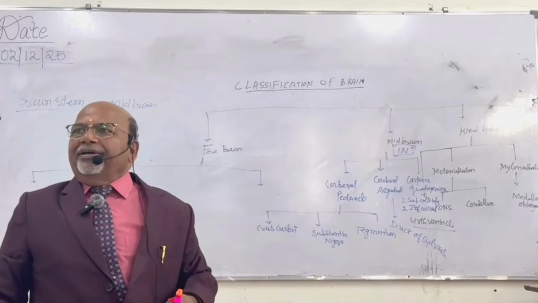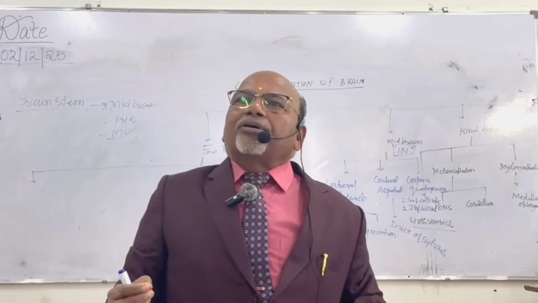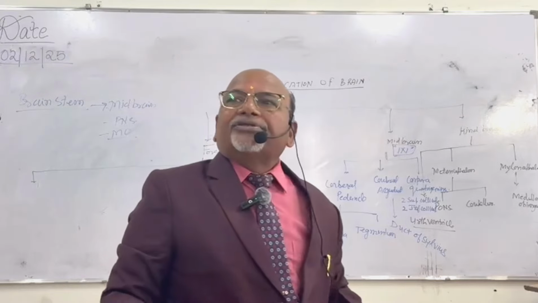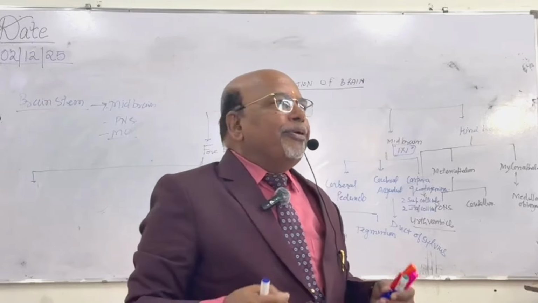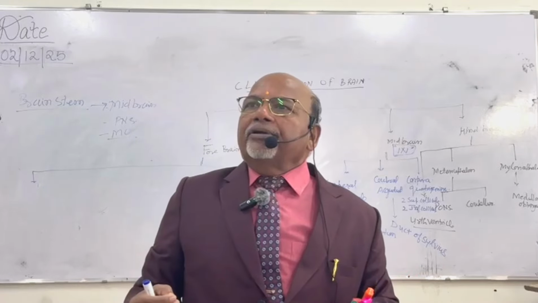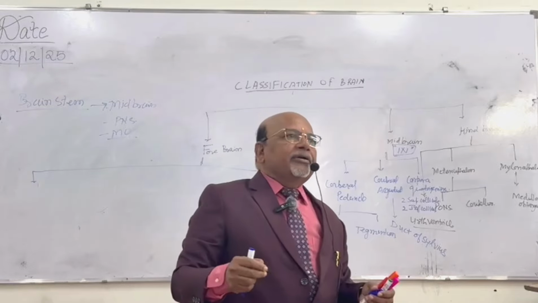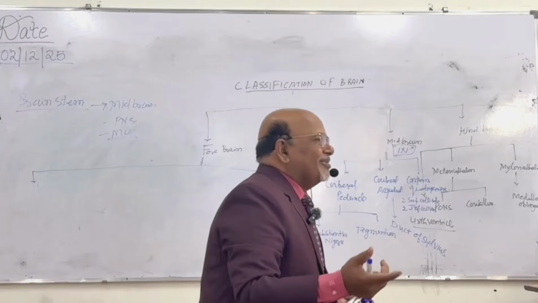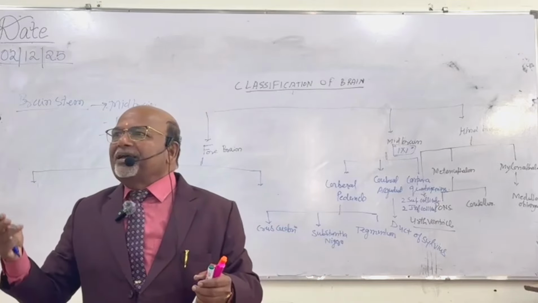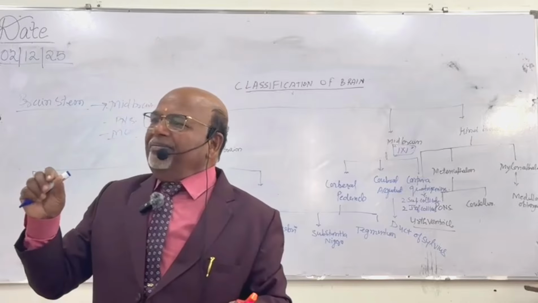These are very common words because all the vital centers are present in the brainstem. When death is going to be declared, always the neurologist writes death of brainstem. This is a basic thing, brainstem. These are the three components: midbrain, pons, and medulla.